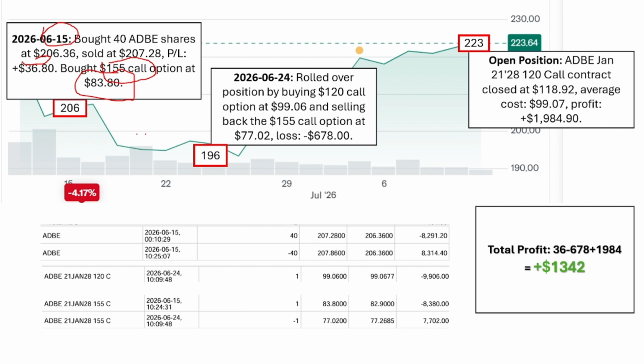But a few days later, Adobe stock fell further, and on 24th of June the price went to 196, and I thought I needed to increase my delta, only because I feel this stock is really undervalued.